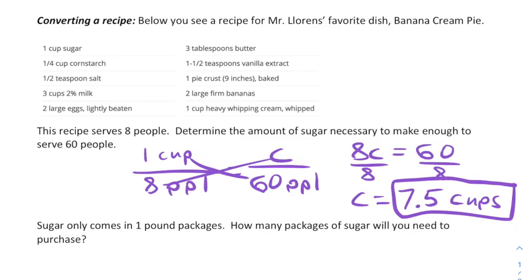Another reason you would need to be able to do conversions is to determine how much of something that you need to buy. So we know that we need 7.5 cups of sugar. And we know that sugar only comes in 1-pound packages. So we need to figure out how many pounds of sugar I need in order to have enough sugar.